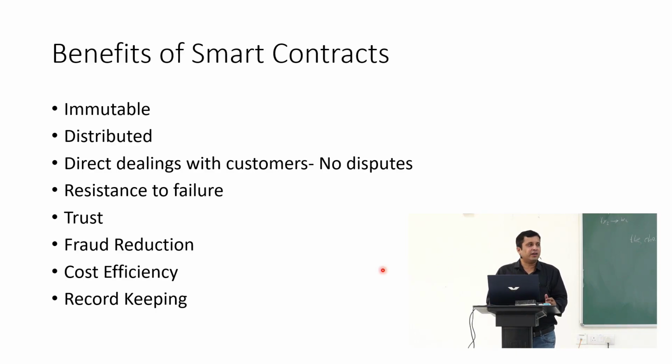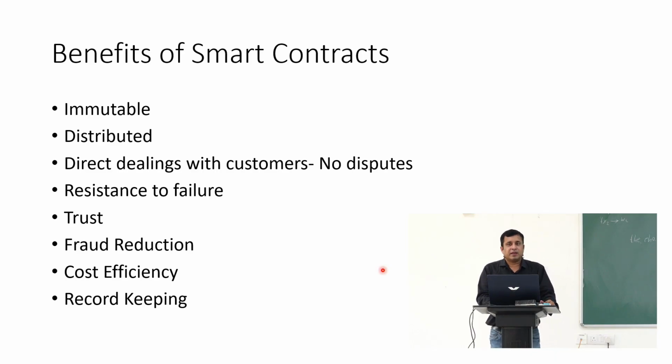Nobody can manipulate the contract's terms and conditions because they are in the form of code. Cost efficiency, as we already saw, since it removes the intermediaries, cost is less. Cost not in terms of money, but time complexity is also less in contract execution as compared to paper-based contracts.